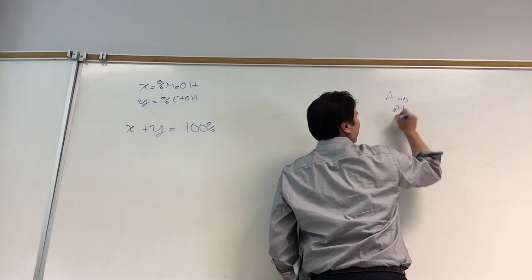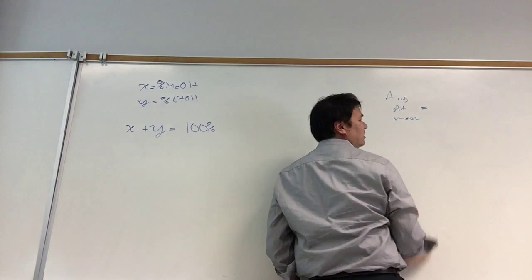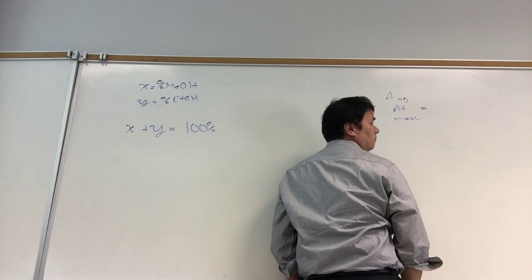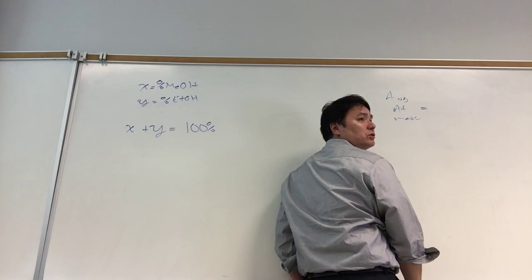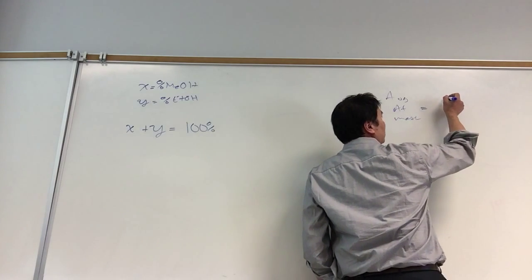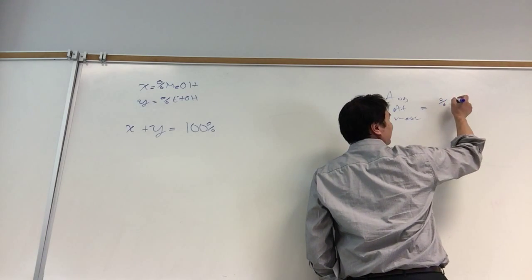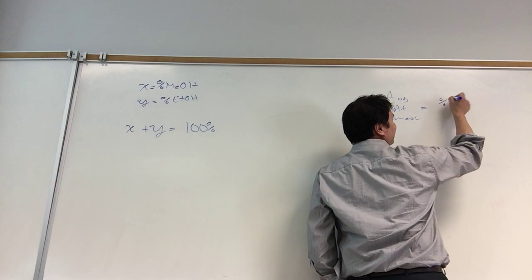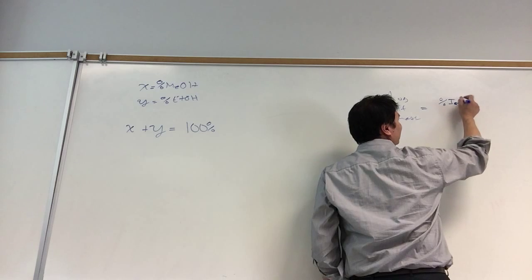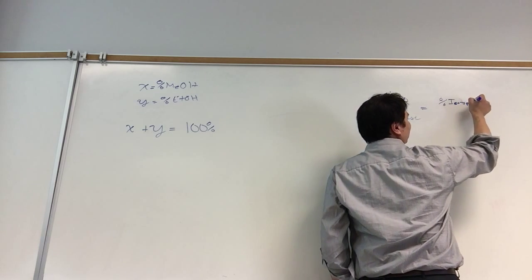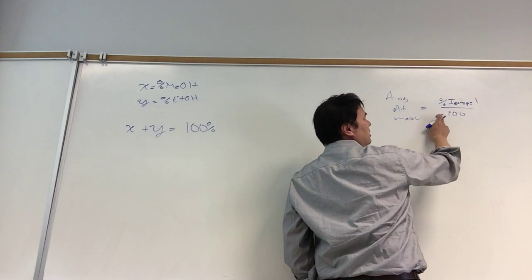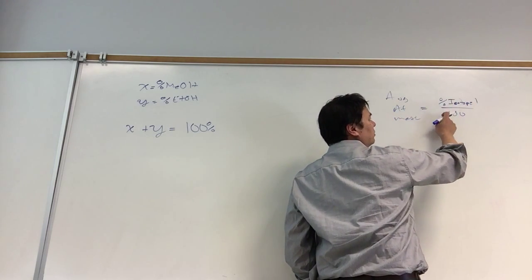The average atomic mass, actually we're covering it in this next chapter, is a weighted average. And so we're going to have the percent isotope A, we'll just call it isotope 1, percent isotope 1 over 100, right? So if it's 50% isotope 1, it would be 50 over 100%.